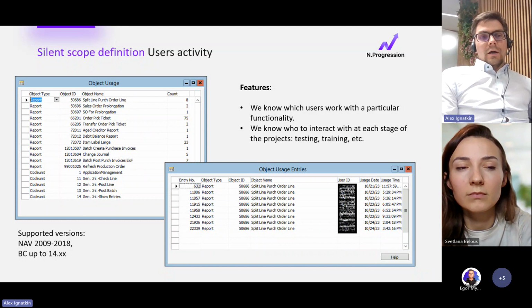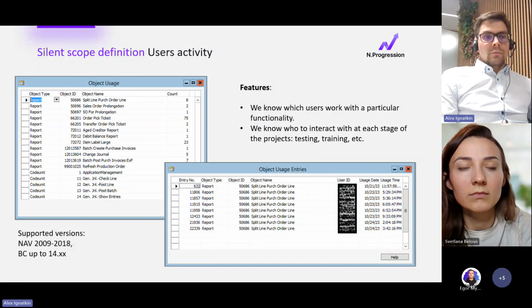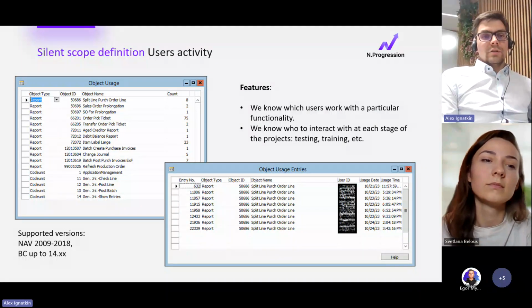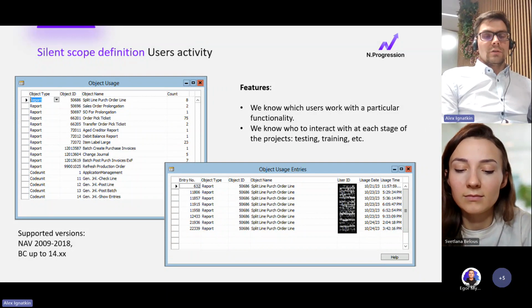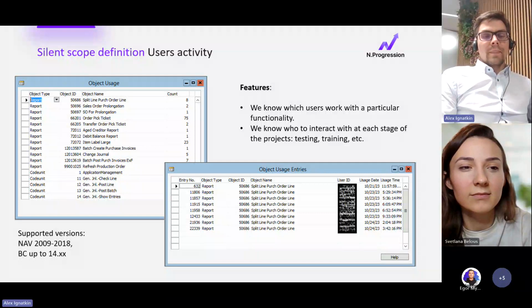As a result, when the user posted a purchase invoice in the old system, he or she will find the same document unposted in the new one, and we just need to post this document once more. So we don't need to spend much time to enter this document.